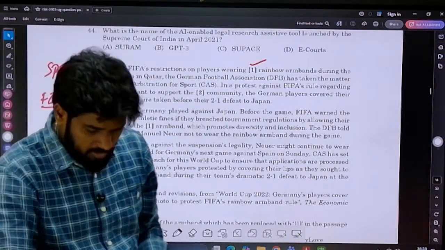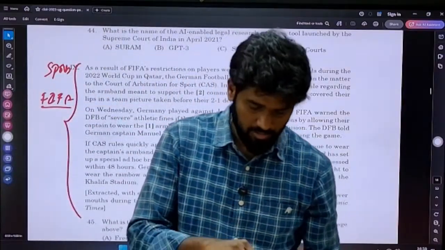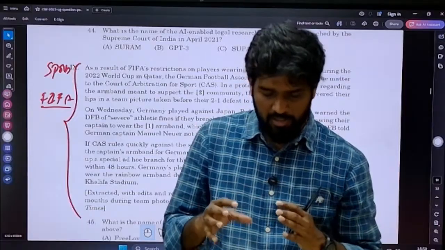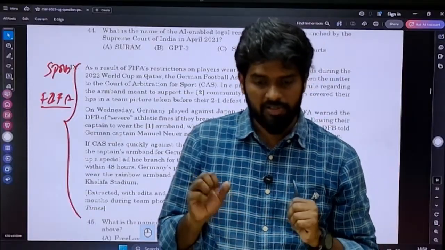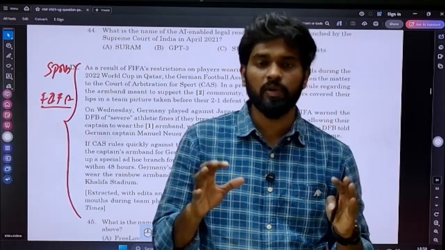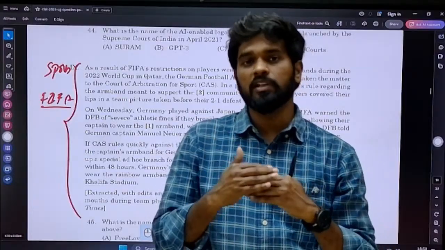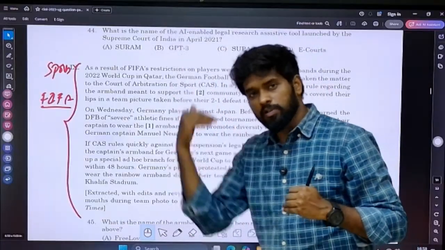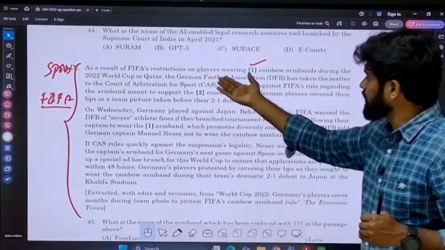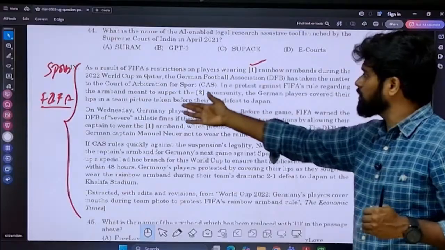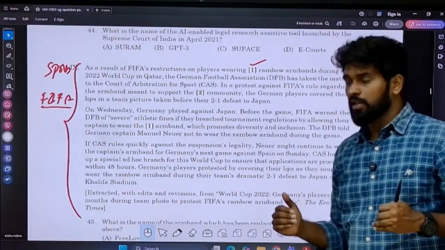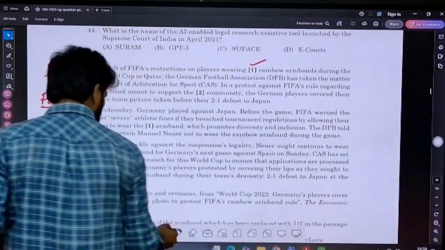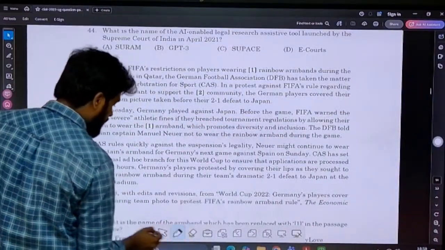After the World Cup is done, there will definitely be some restrictions talked about, one issue will come out, and we have to focus on that issue. Now the German Football Association has taken the matter to the Court of Arbitration for Sport about this armband. The entire article was mainly about the armband.